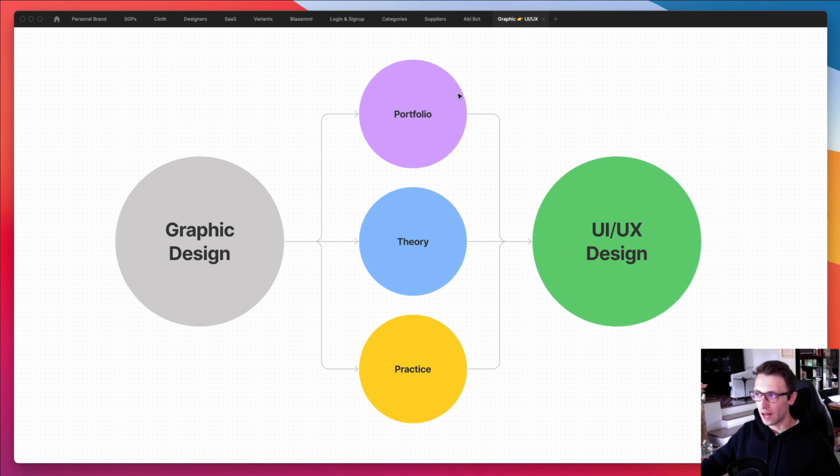What I used to have at the beginning in my portfolio is maybe dashboard UI kits or just fake projects. And you can be transparent whenever you're talking with a potential client, saying, hey, this is not a real project.